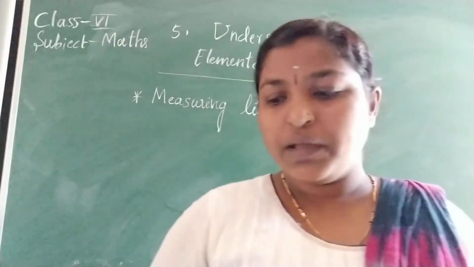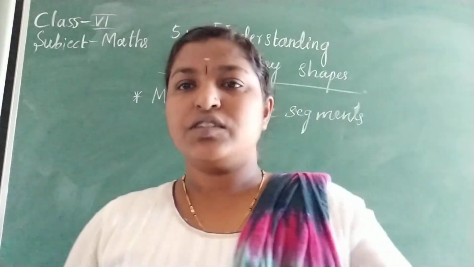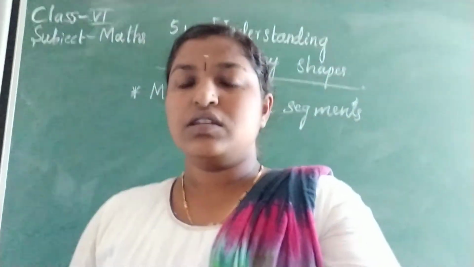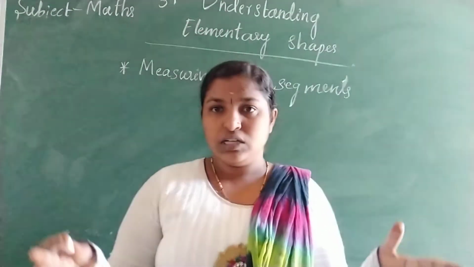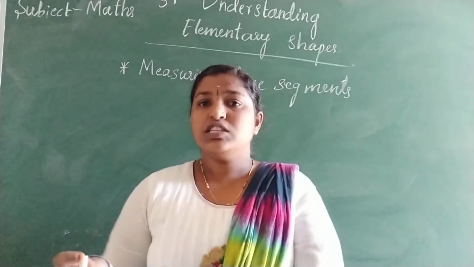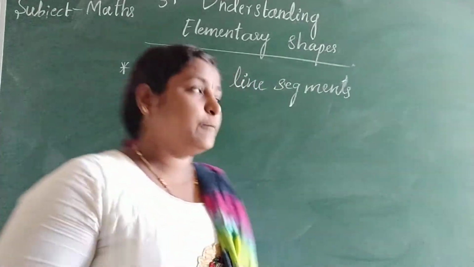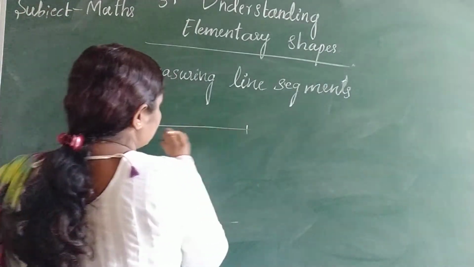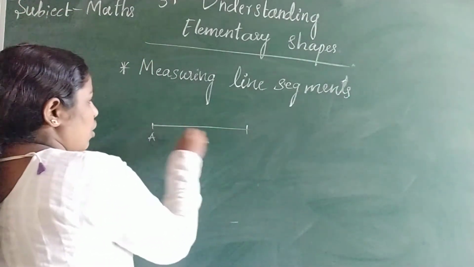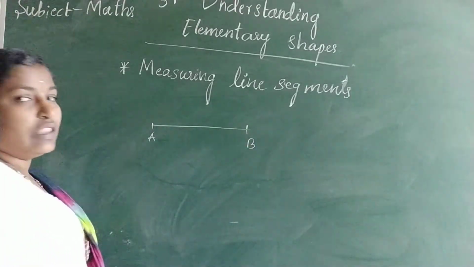So line segments, about line segment you have studied in the previous class. So line segment in the sense a fixed line or a fixed portion of line it is. Suppose this is a line segment. This is having a starting point as well as the ending point.